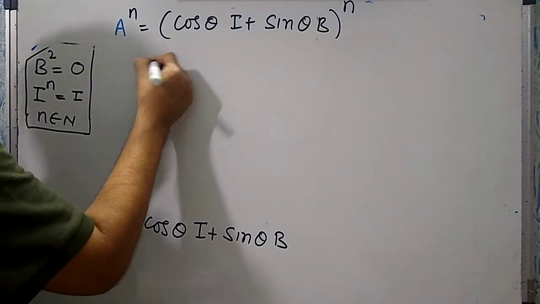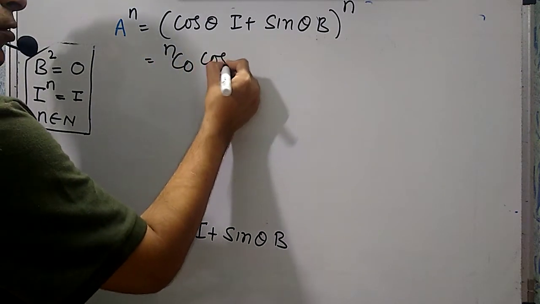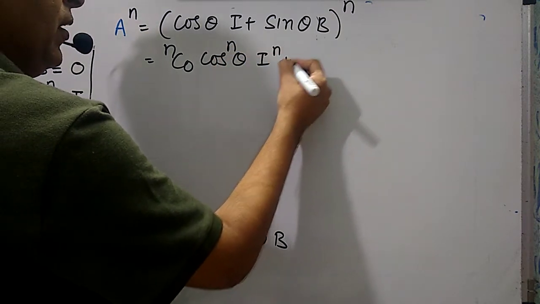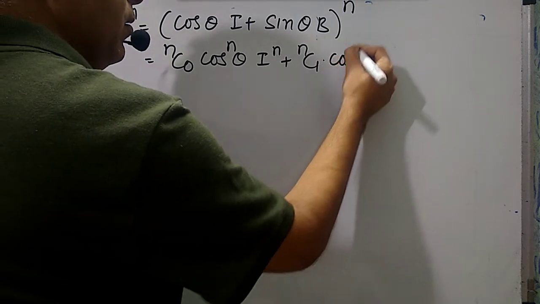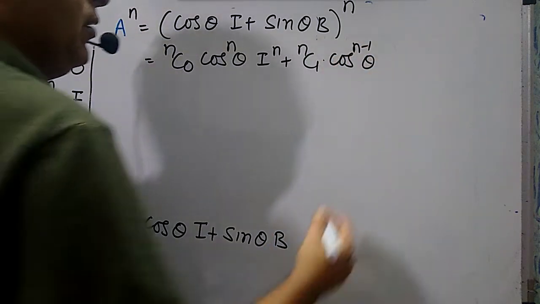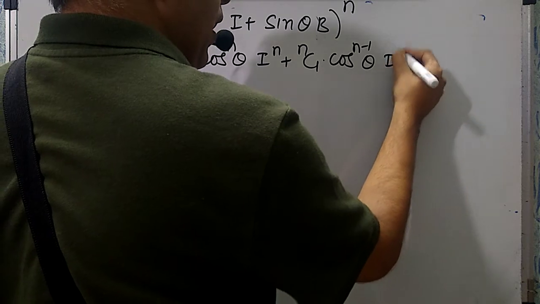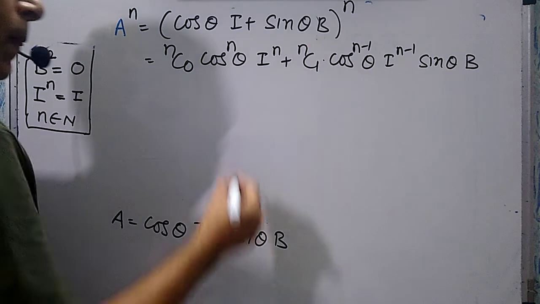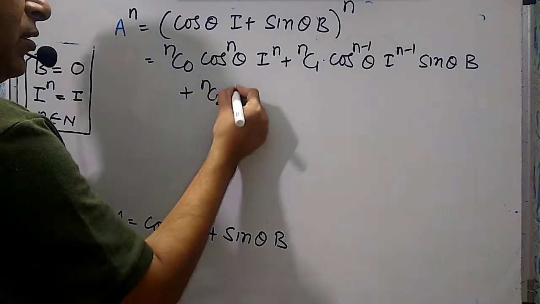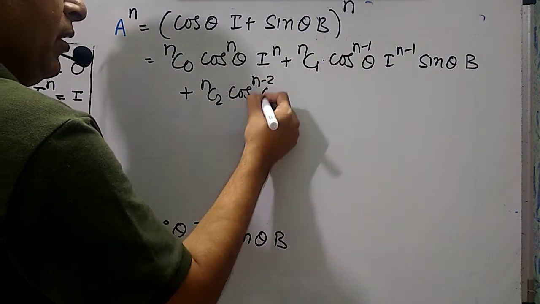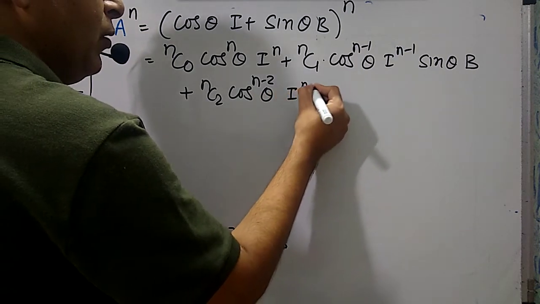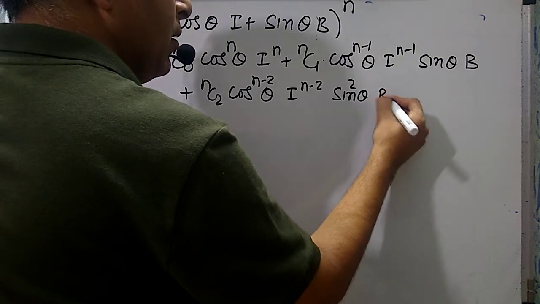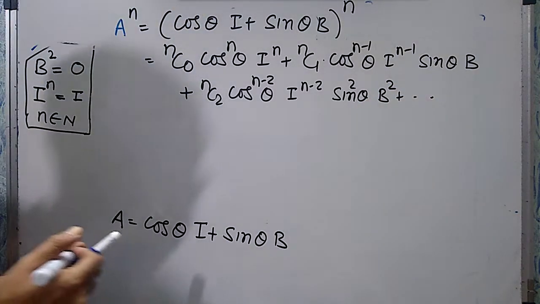So this can be written as nC0 cos^n theta I^n, nC1 cos^(n-1) theta I^(n-1) sin theta times B, plus nC2 cos^(n-2) theta I^(n-2) sin^2 theta times B square, and so on.